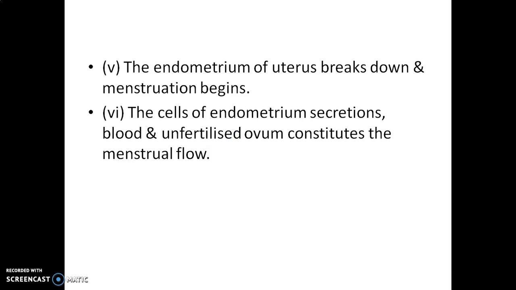So what happens? The endometrium. Children, do you remember what the endometrium is? The inner wall layer of the uterus. The endometrium of the uterus breaks down and menstruation begins. The cells of the endometrium, secretions, blood and the unfertilized ovum in the state of secondary oocyte, remember, constitute the menstrual flow.